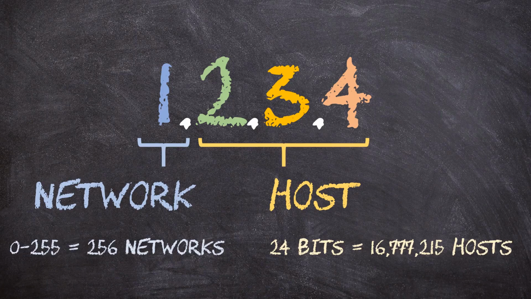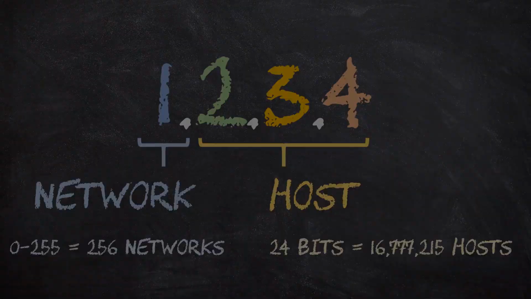On the other hand, 3 octets meant that there could be over 16 million host IPs in each network. This sounds a little unbalanced, but in the beginning the internet was not international and there were only a few organizations using it. But as the internet started to grow, it became obvious that this wouldn't work for very long. 255 networks just wasn't enough.